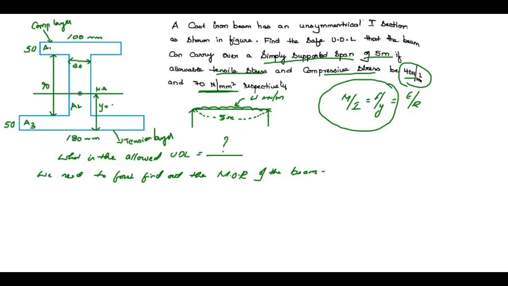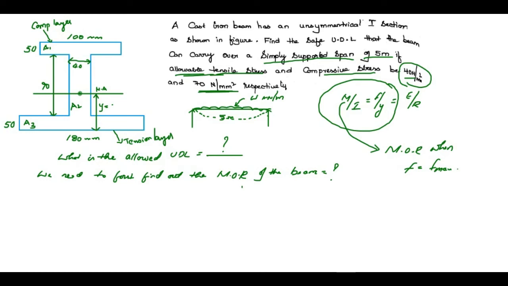And what is this MOR? This M is nothing but the moment of resistance when F is equal to F max. Here he has given you the allowable stresses, right?